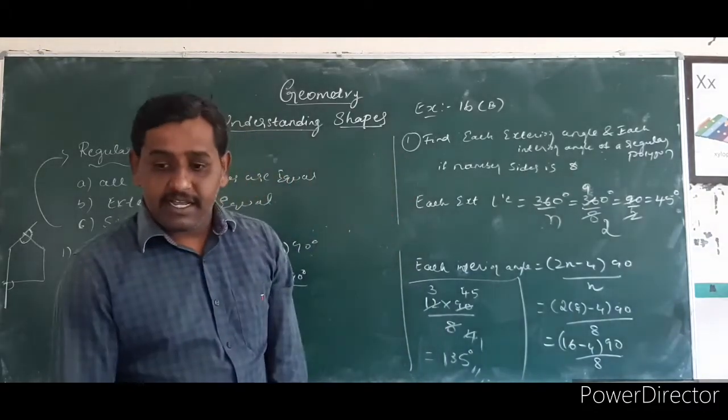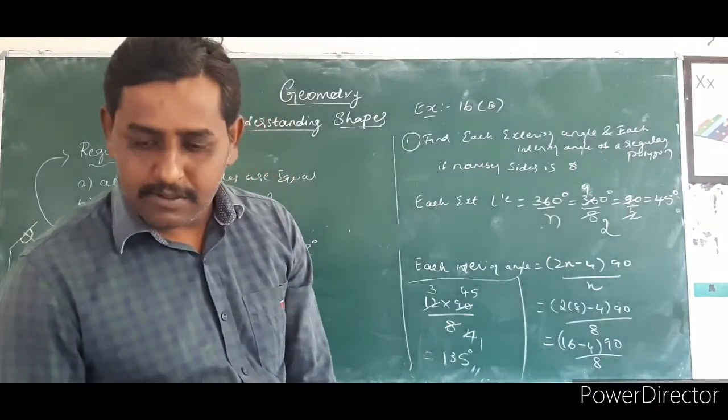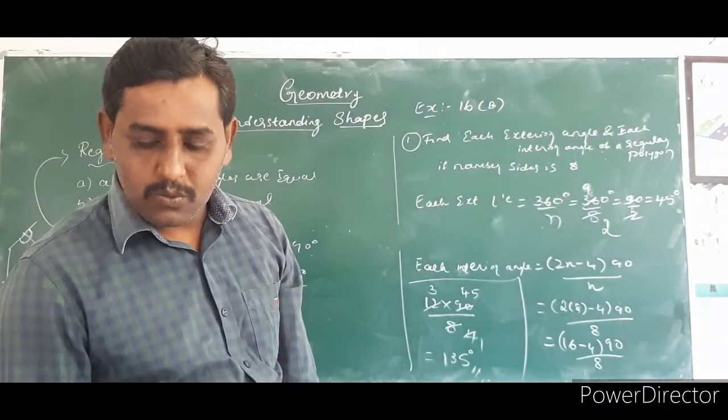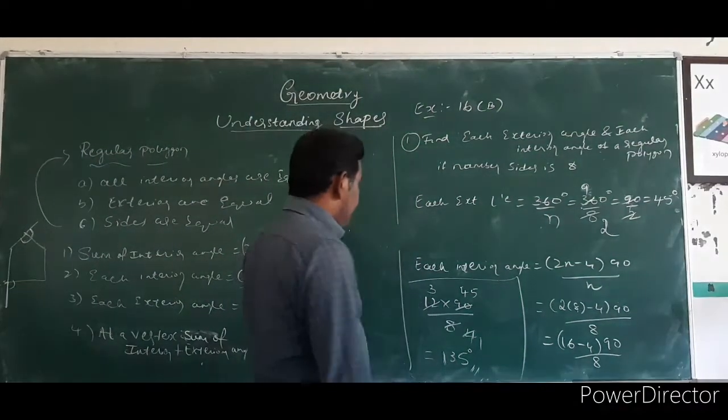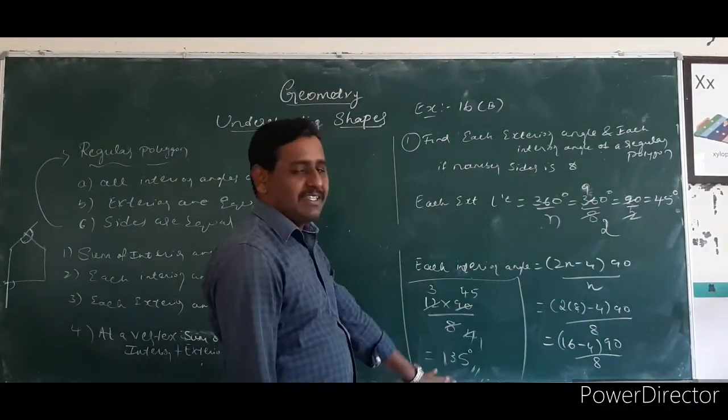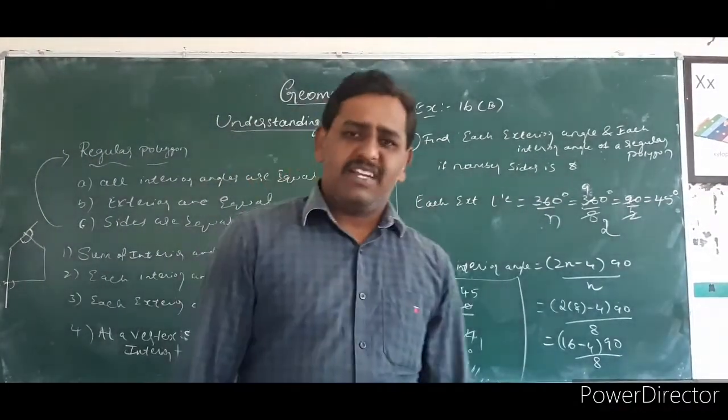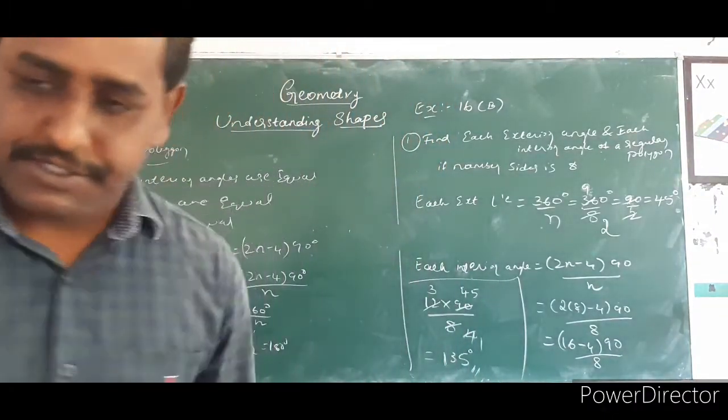Each interior angle of the polygon is 135 degrees. You can easily solve this type of question like this.